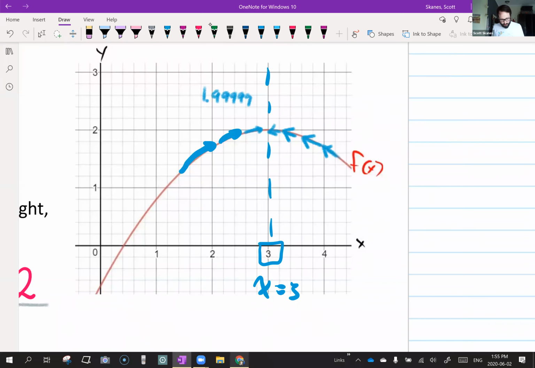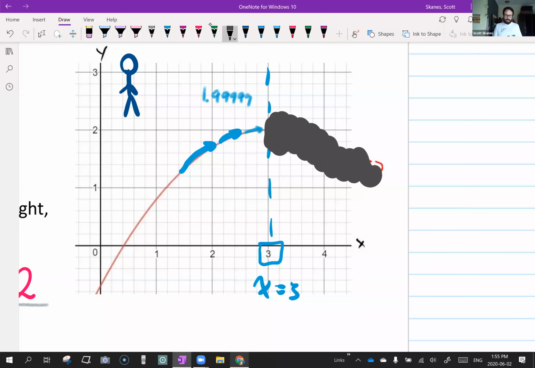And then if you had someone else on the other side, like if you're standing only on this side, and you weren't allowed to see the rest of this function, you would probably still say, hey, it's trying to get to 2. So the two sides would agree. The person on the left side thinks it's going to 2. The person on the right side also thinks it's going to 2. And so what happens is the limits are the same.